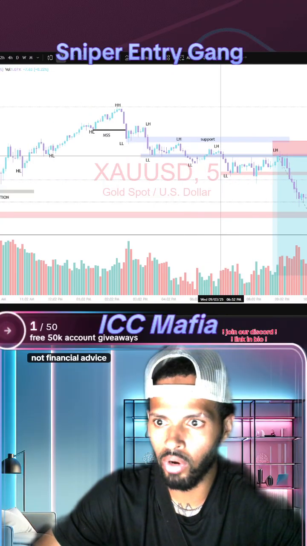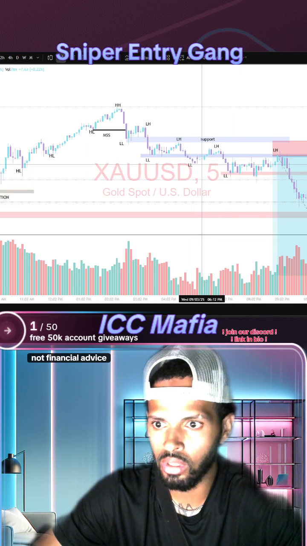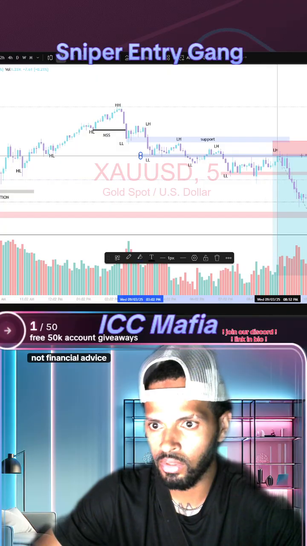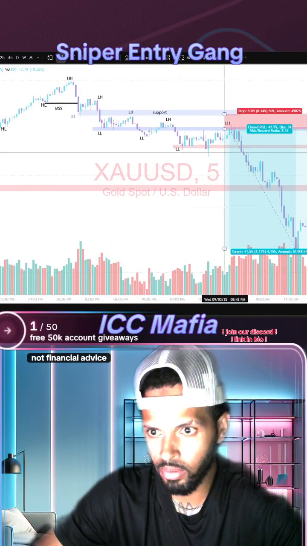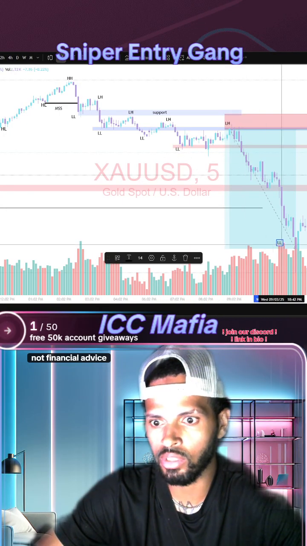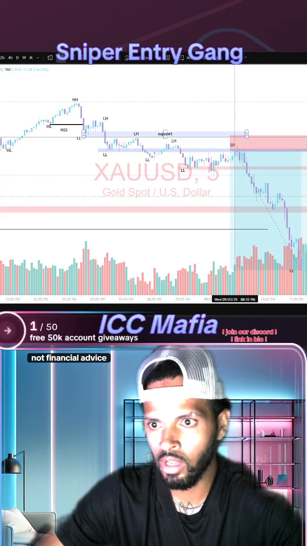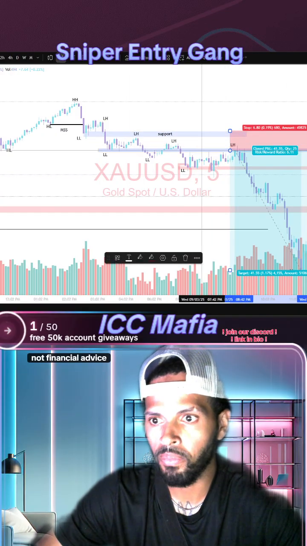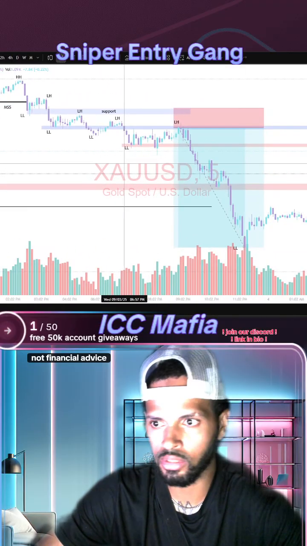So once price gives me a pullback and makes a lower low, I want price to hold underneath this level, and then I will take the trade and hope that price makes a new lower low, right? And as you can see, it does way down here, right? So we take our entry here, we put our stop loss at the top of these lower highs, right? And you can see that price is already making lower lows for us, right?